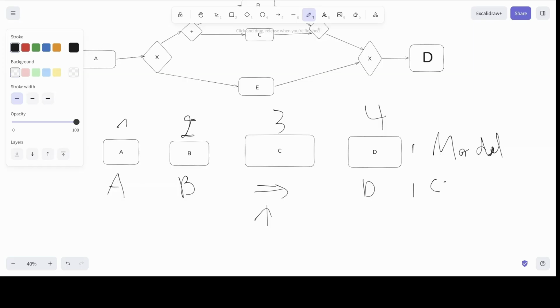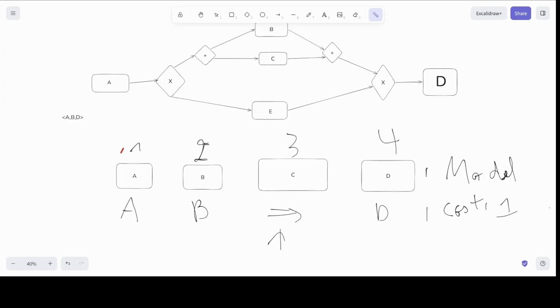And that's the cost of our deviation. Here it will be 1. If you look closely at ABCD, we can see that it is the trace with the least cost that can be produced from our model that conforms to the real life log. So here the cost is 1.